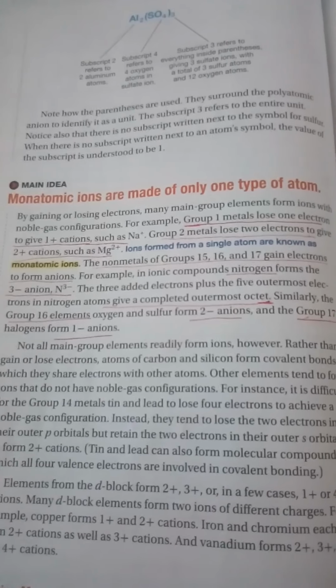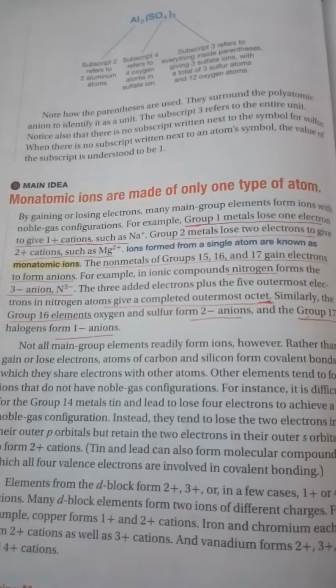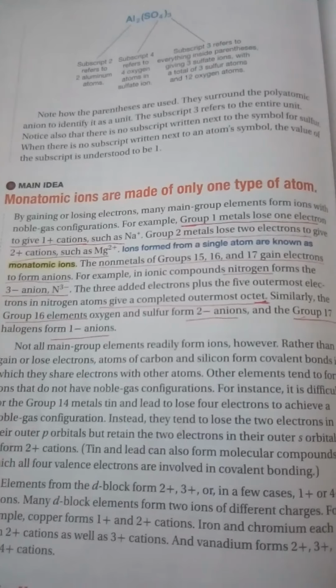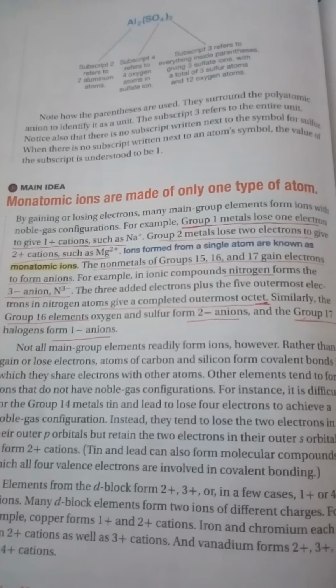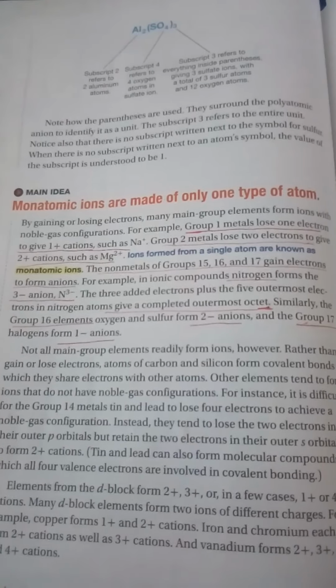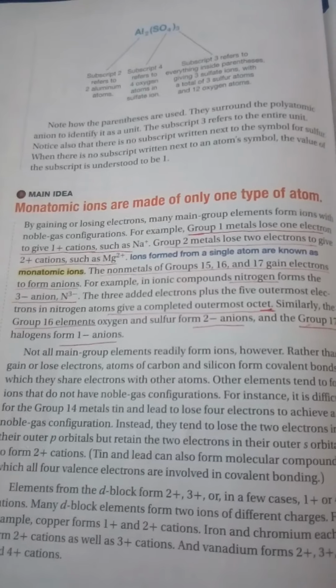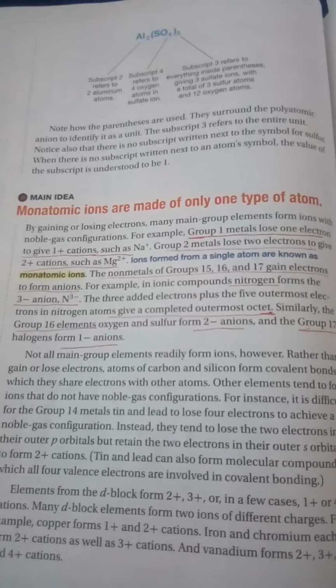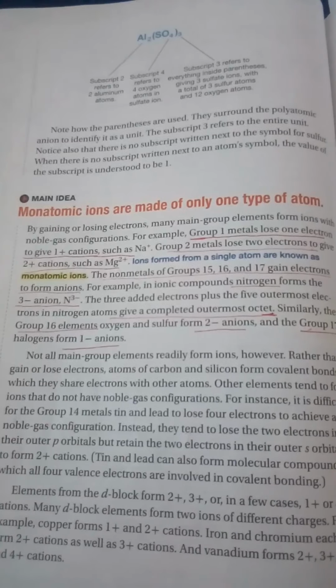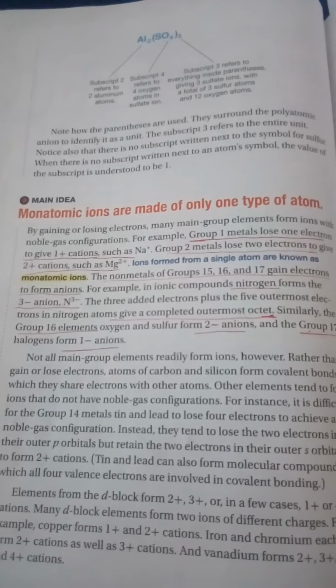So basically, the main group elements are made of groups 1 and 2, and 13, 14, 15, 16, and 17. These are the main group, the S and P block elements. Now, if you remember, we've discussed this, and I'm sure that you have this as a note in your notebook about these groups.